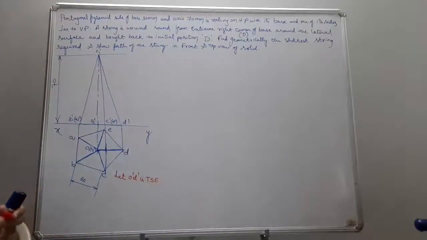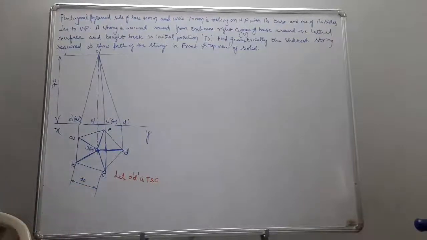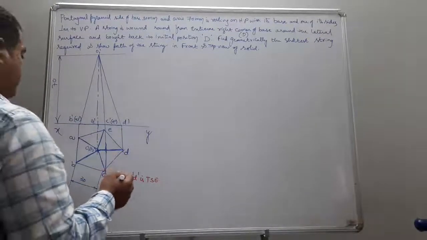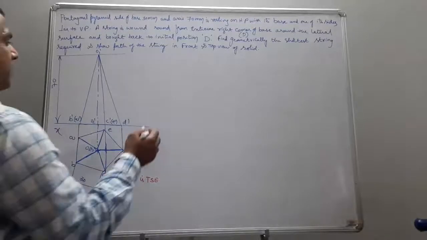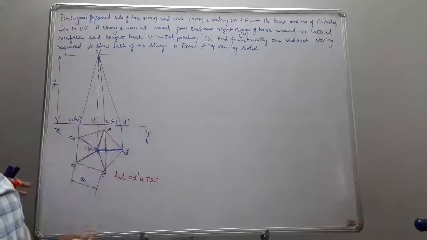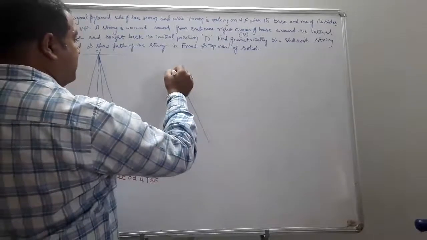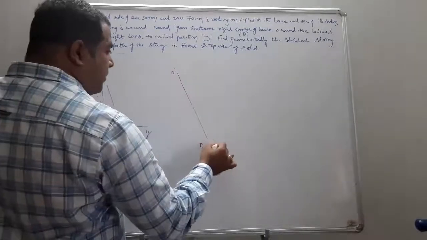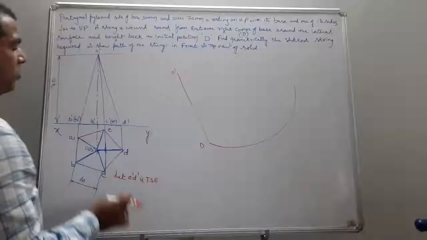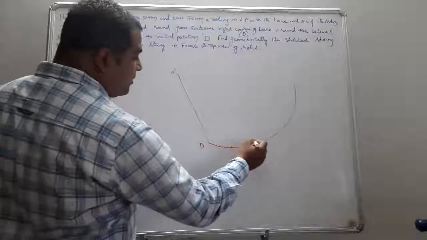Okay, so now I just consider O dash D dash. Why? Because my starting point is D and again comes to the initial position. So first of all, I just draw the line of D. This is O dash and D. Now take the radius of O dash D dash, D as center, draw an arc.